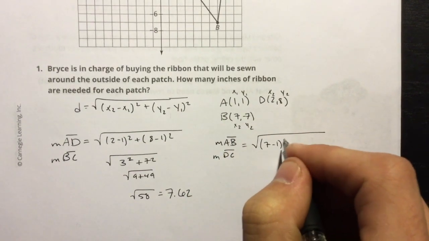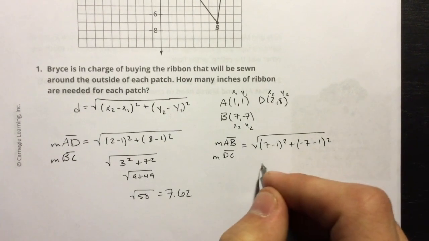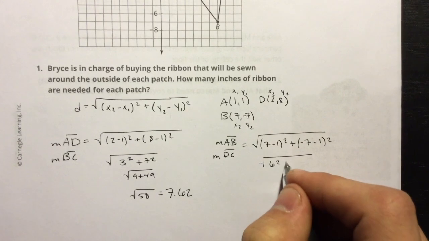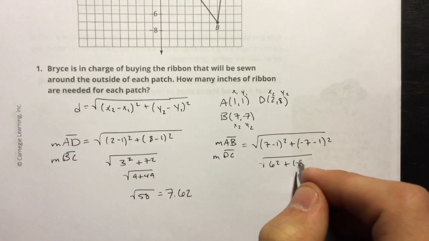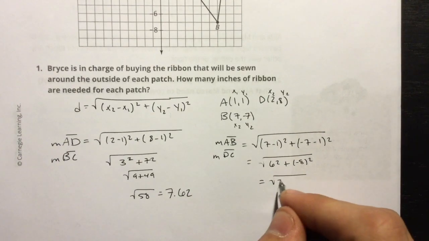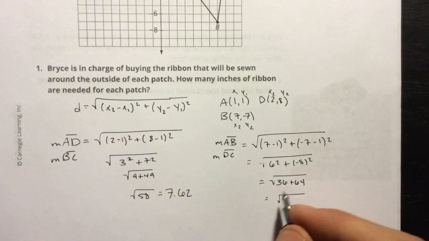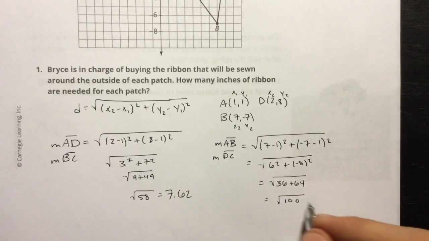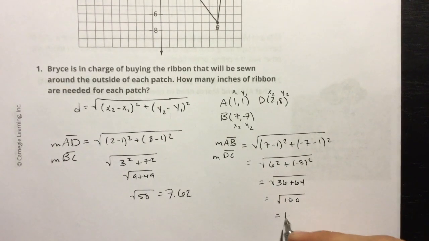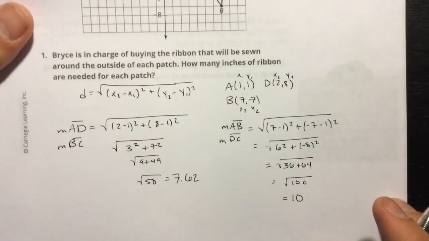So 7 minus 1 squared plus negative 7 minus 1 squared. That's equal to 6 squared plus negative 8 squared, which is the square root of 36 plus 64, which is the square root of 100, which is equal to, and I don't need any calculator for this, 10. And there you go.